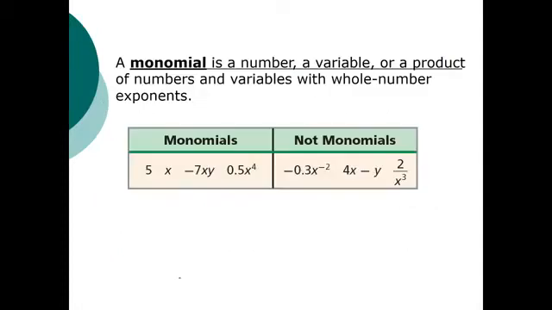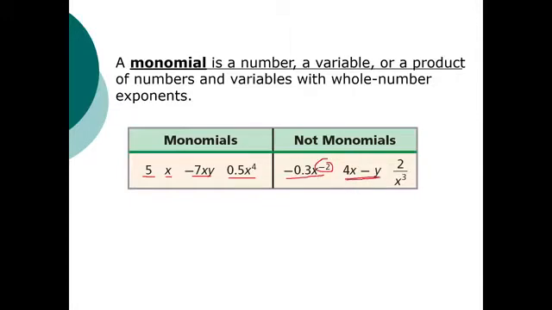There you go. So let's start with the monomial. A monomial is a number, a variable, or a product of numbers and variables with whole number exponents. So these are examples of monomials. This one. This is not a monomial since the exponent of the variable x is negative.